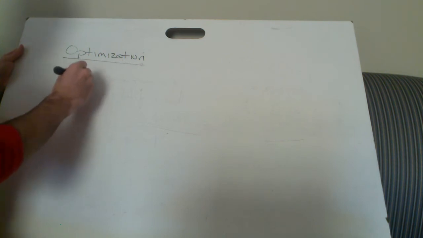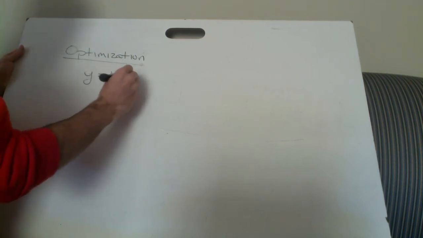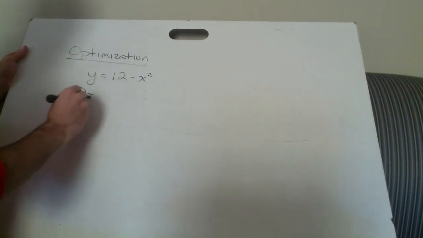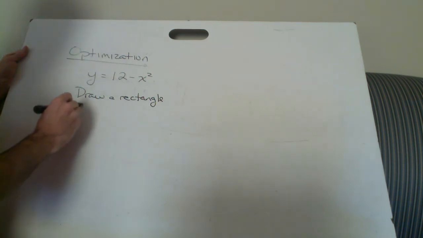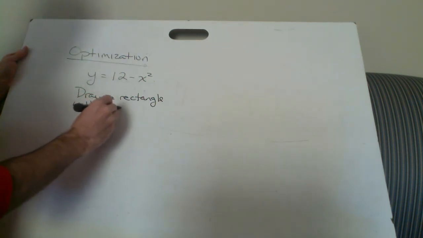Basically, it says this. I have a function, and that function is y equals 12 minus x squared. Okay, here's my function. And I'm going to draw a rectangle, but I'm going to give you some specifications on this rectangle. This rectangle has its base on the x-axis.